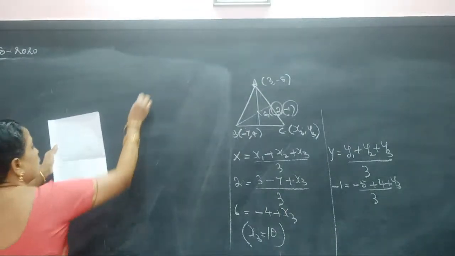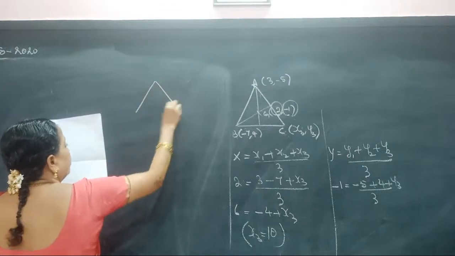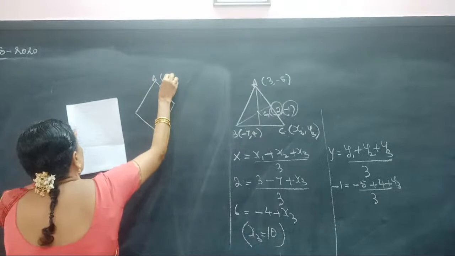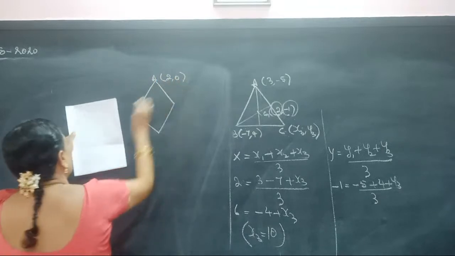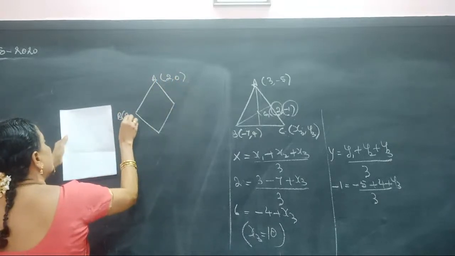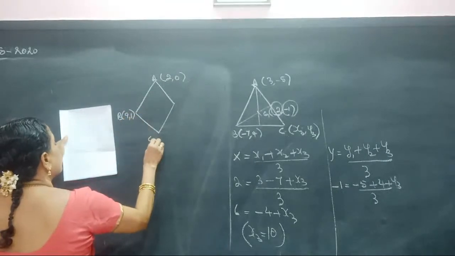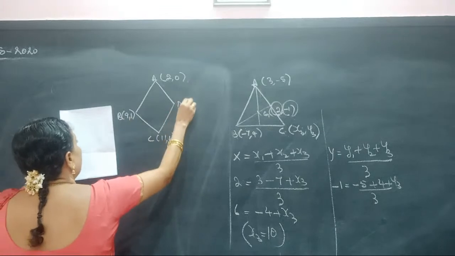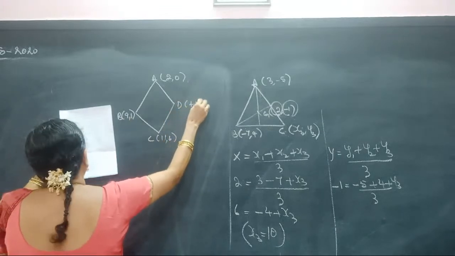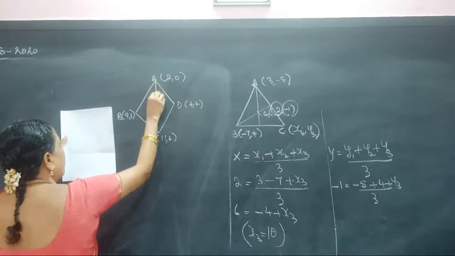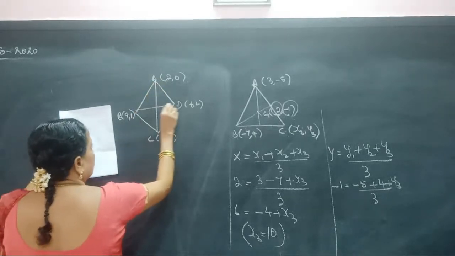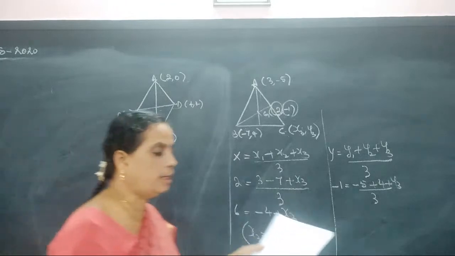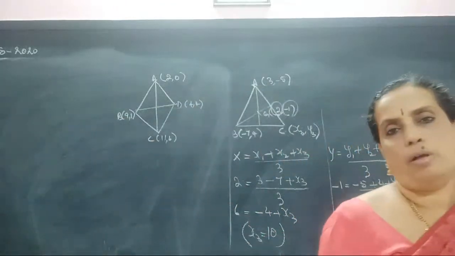The points given for the quadrilateral: I will take A as (2, 0), B as (9, 1), C as (11, 6) and D as (4, 4), the vertices of a quadrilateral. Question: determine whether ABCD is a rhombus or not.